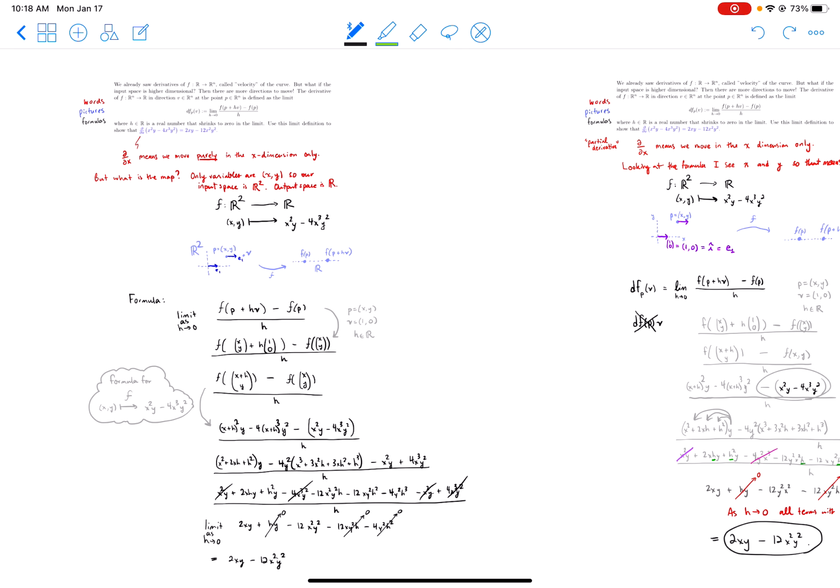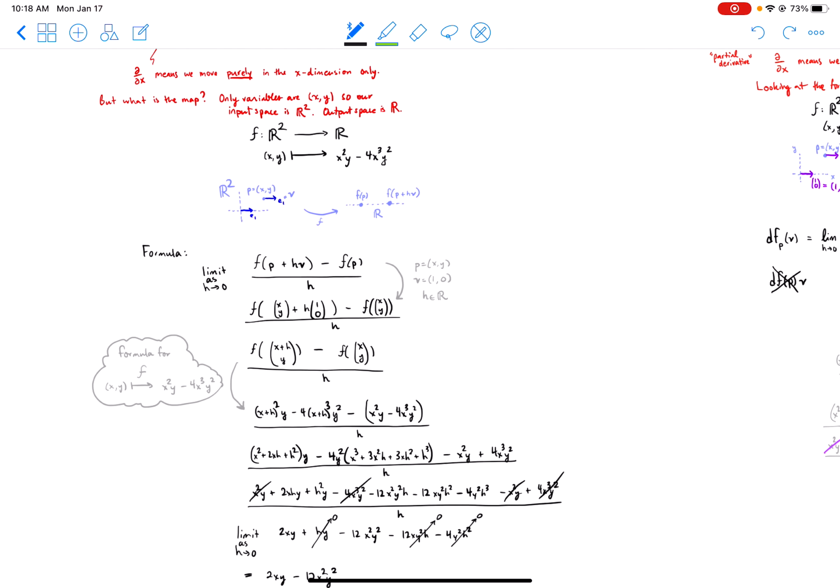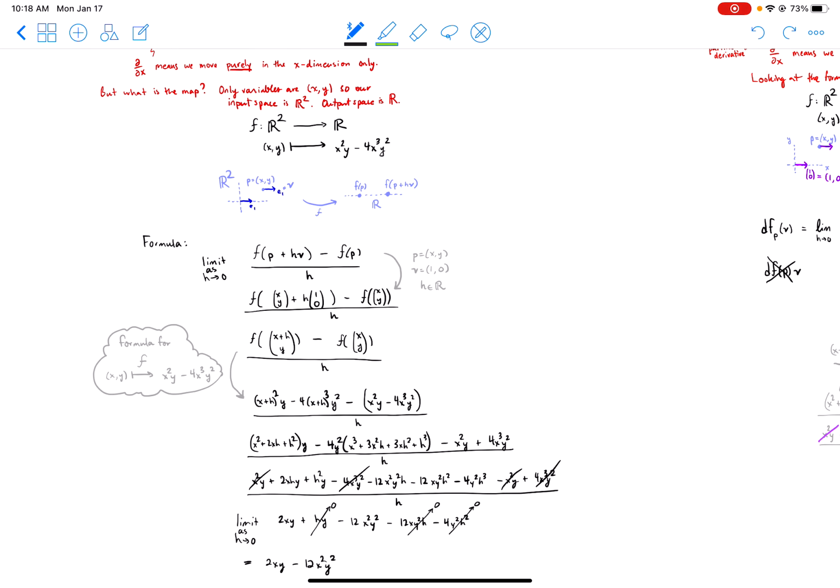So here's another version of this. So you see right here, I didn't use the actual formula for f yet.